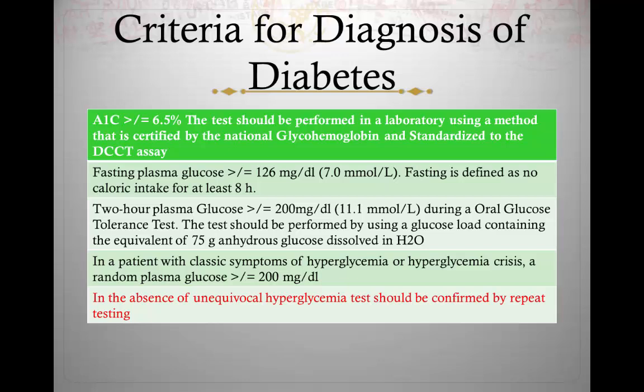Or if you do a 2 hour plasma glucose level after a glucose tolerance test and it is greater than 200, you're diabetic. Or if you do a random glucose level and it is greater than or equal to 200, you're diabetic. Again, in the absence of symptoms, you should confirm this by repeating the test.